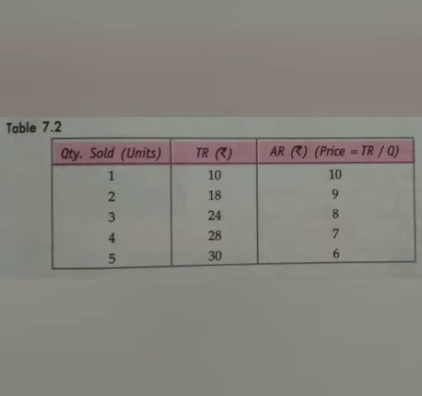If the quantity sold is 3 units and the total revenue is 24, the average revenue will be 24 by 3, so it will be 8. Remember students, as I have mentioned, average revenue is also equal to the price: when 1 unit is sold the price is 10 rupees, and when 2 units are sold the price of each unit is 9. So average revenue is also equal to the price.